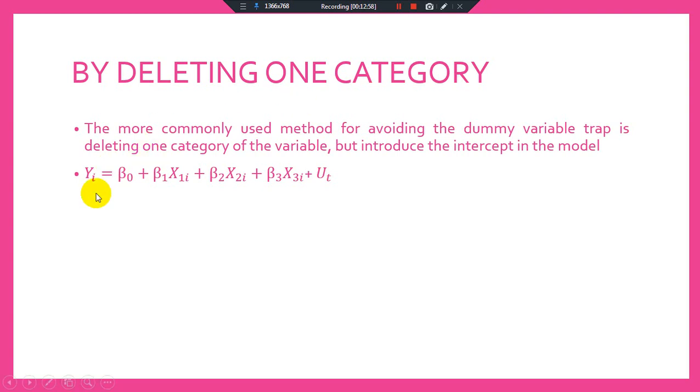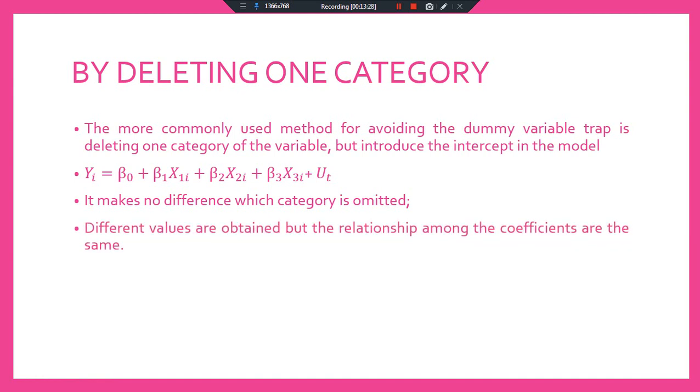So let's see, we have yt is equal to beta naught plus beta 1 x1i plus beta 2 x2i plus beta 3 x3i plus ut. So if you want to introduce different dummy variables, make it clear that there is not much difference which category you are going to omit or which category you are going to delete.